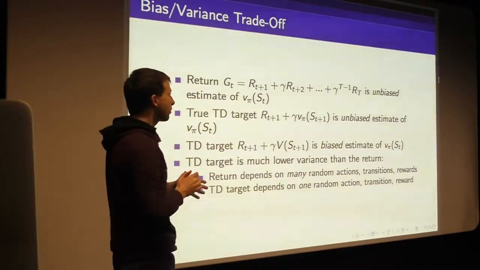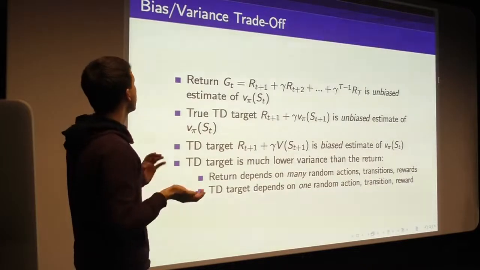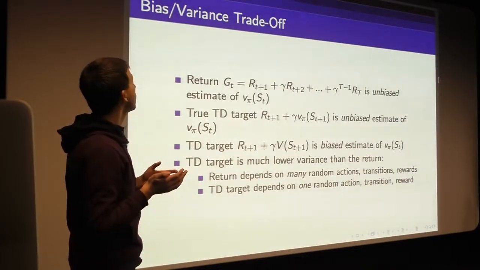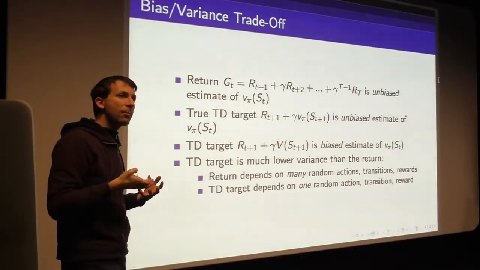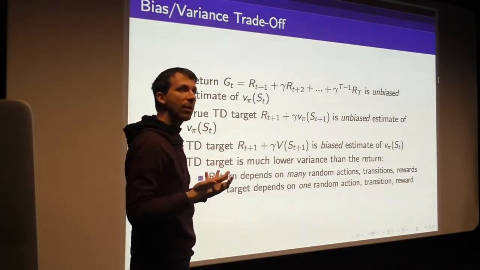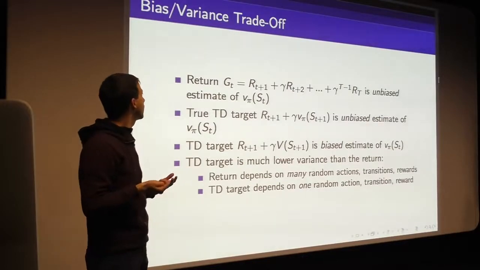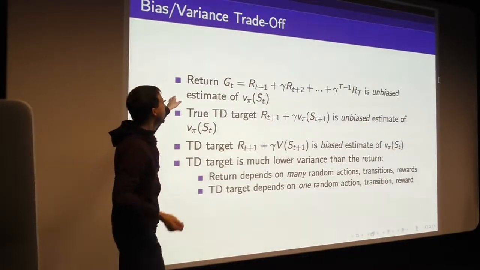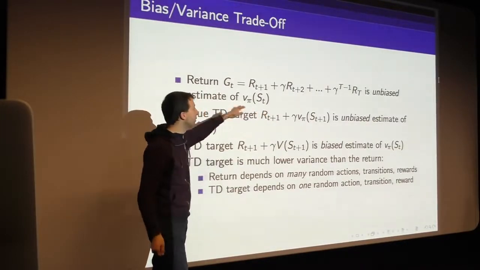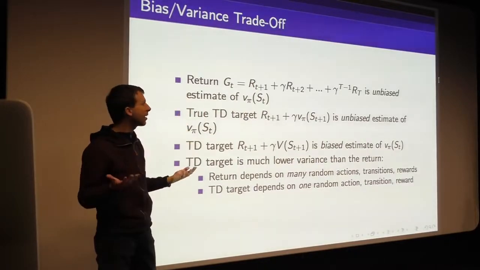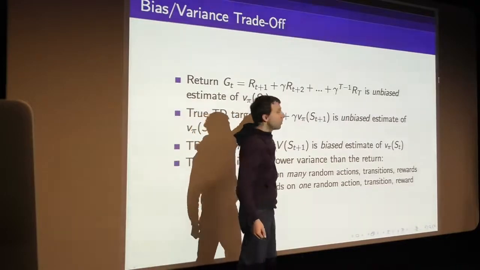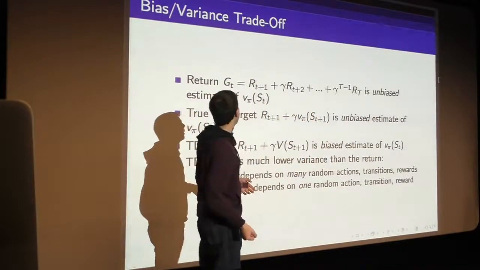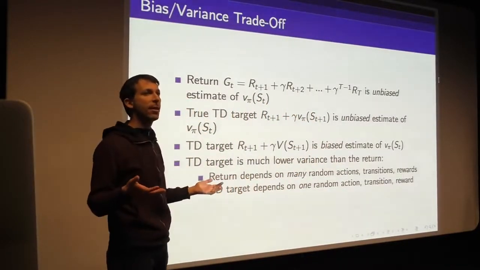Okay. So we're trying to understand the pros and cons of TD compared to Monte Carlo. One other issue, which is a major difference between the algorithms, is the bias-variance trade-off. In Monte Carlo, the return is the whole sequence of rewards that we actually sampled from our MDP, and that's an unbiased estimate of the value function.